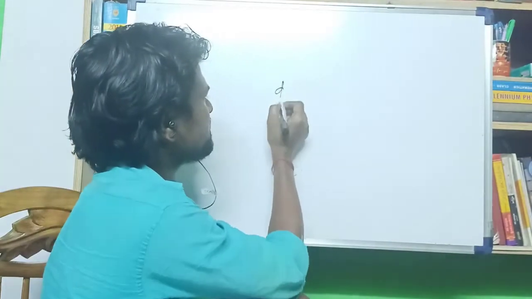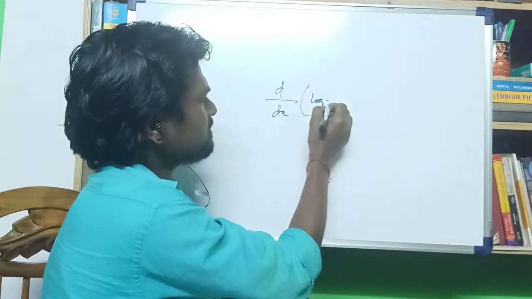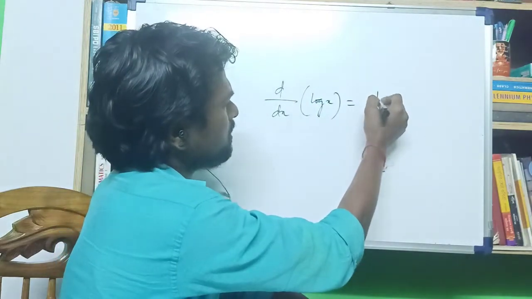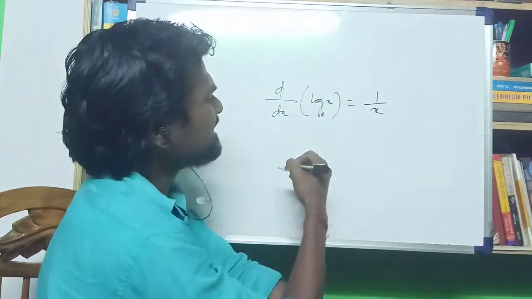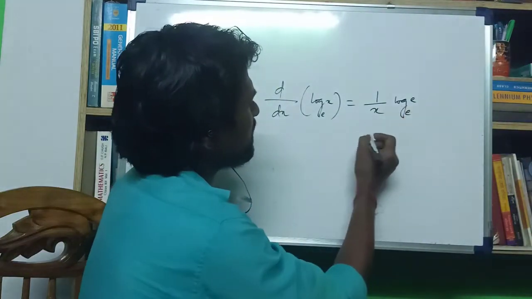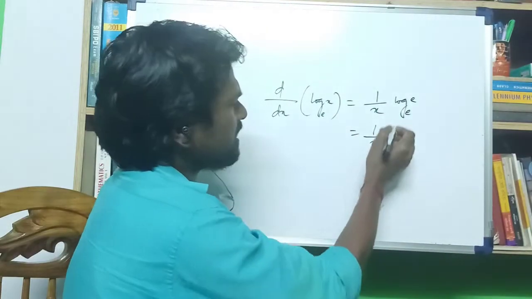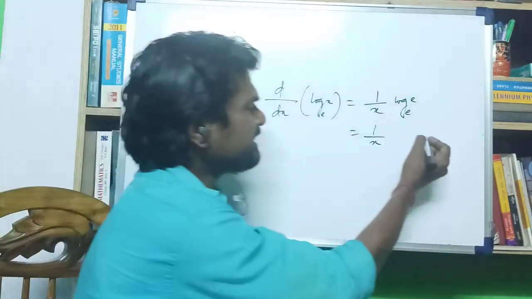So the next function is the logarithmic function, that is d/dx of log x equal to 1 by x. For d/dx of log x, if the base value is e, then log e base e equals 1, so that is 1 by x. We all know that log e base e equal to 1.